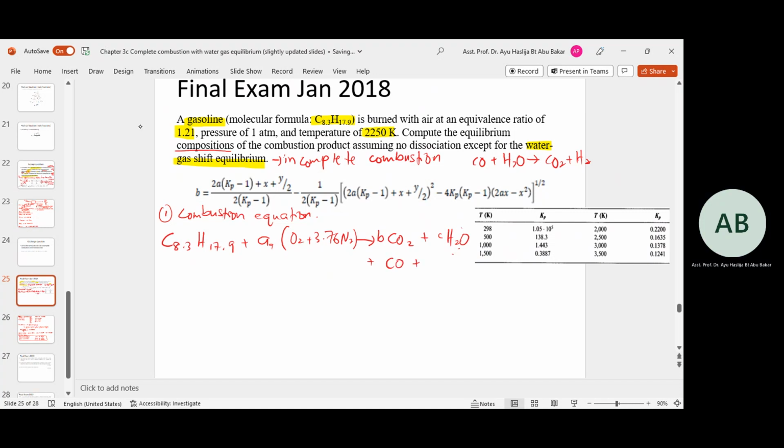CO plus H2 plus N2. Okay, so I use B, C, D, and E for the unknowns.